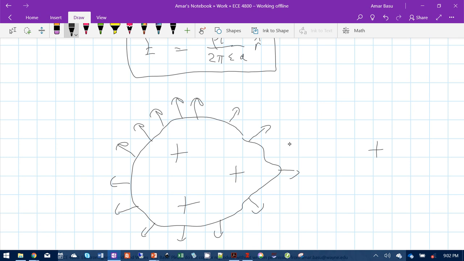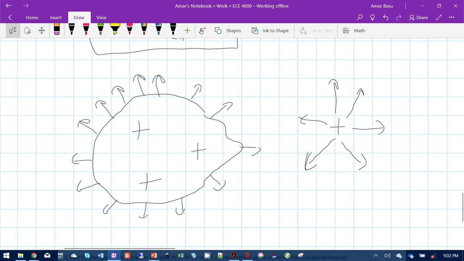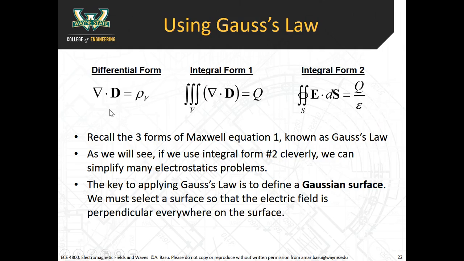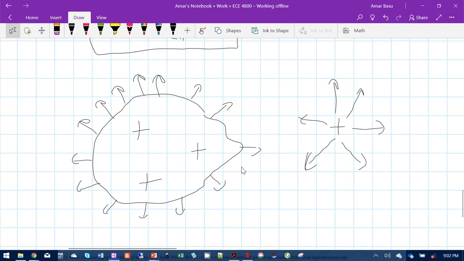The original Gauss's law says if you have just one charge, the field lines point away from it. This is the differential form of Gauss's law on the right. Del dot E, the divergence of the electric field, is equal to the charge density. So the field diverges away from any point charges like this.